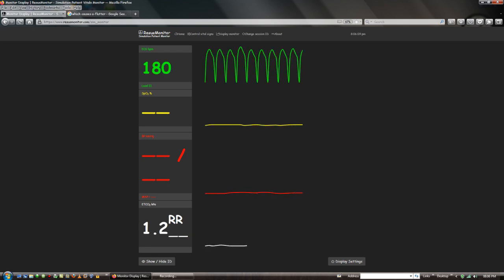Now this rhythm is pulseless ventricular tachycardia, even with the rhythm highly visible. Now this rhythm also has the same causes as the pulse VT.